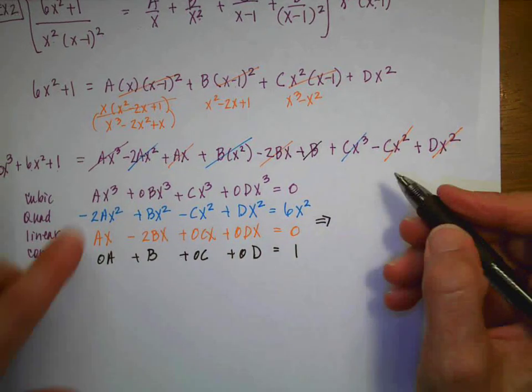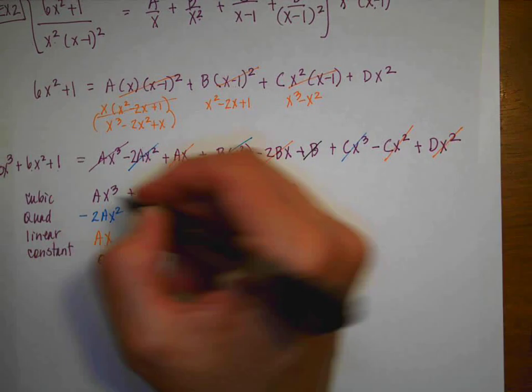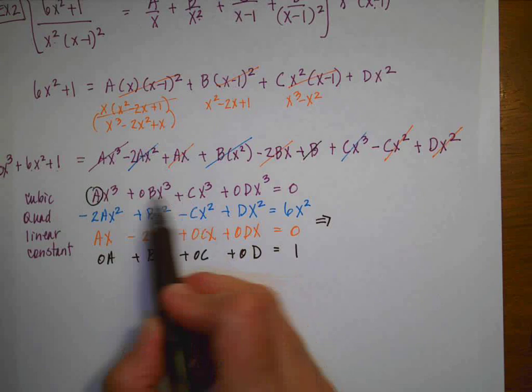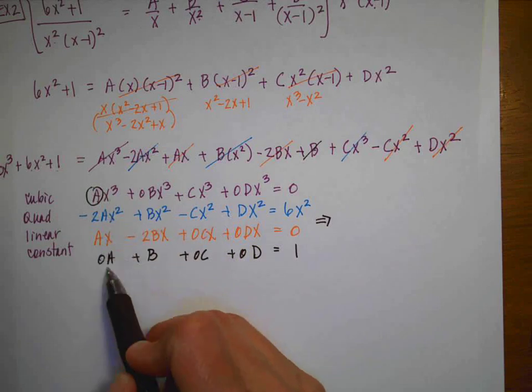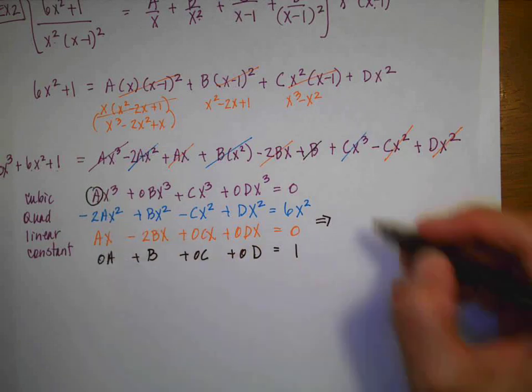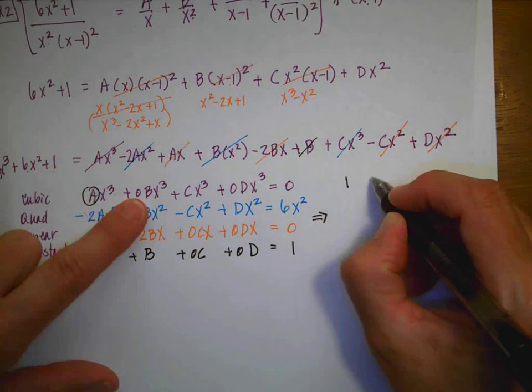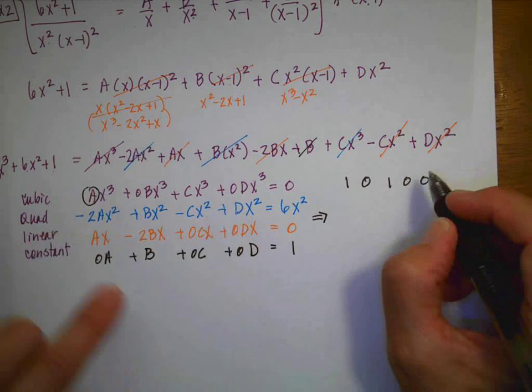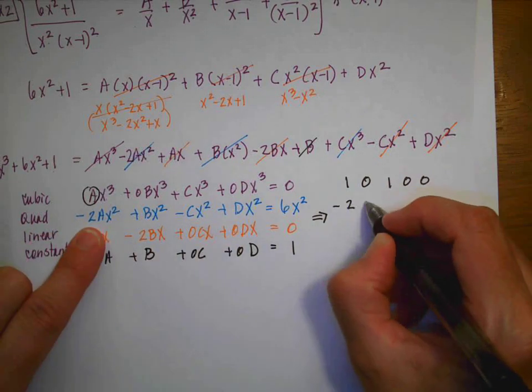So my next step is I'm going to drop this into a matrix. And all I'm interested in are the coefficients, because I'm solving for the a's, the b's, and the c's. I just write these guys down to help me keep everything in the correct order. So in this one, I have 1, 0, 1, 0, 0.